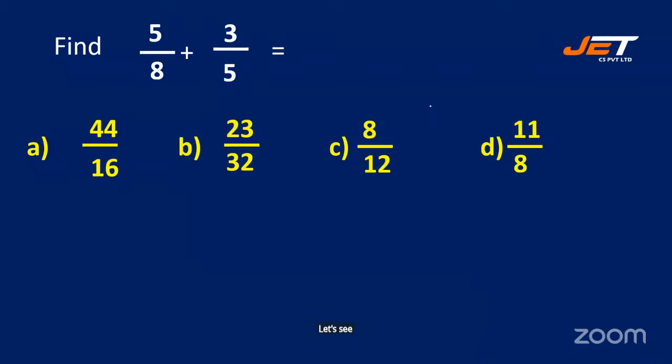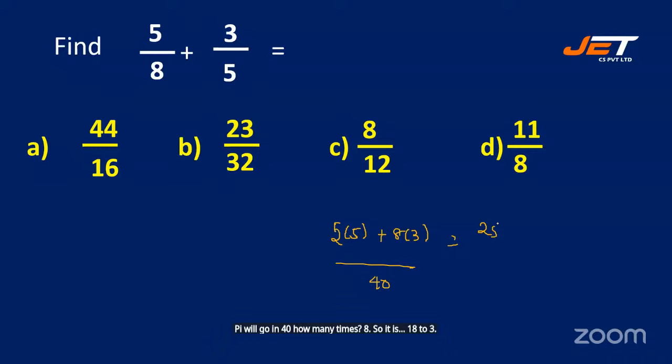See the next question. 5 by 8 plus 3 by 5. LCM is 8 into 5, 40. So 8 will go in 40 how many times? 8 5s are 40. So it is 5 into 5 plus 5 will go in 40 how many times? 8. So it is 8 into 3.